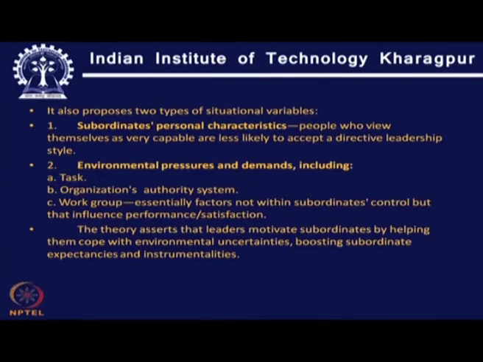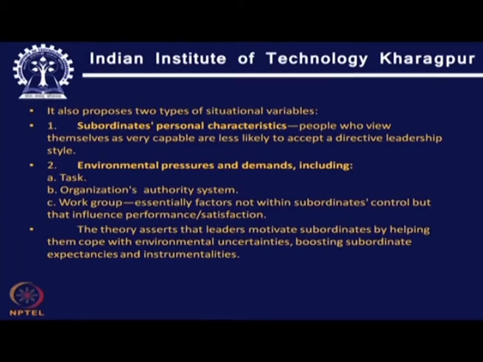So, the other 2 types of situational variables which are proposed are subordinates' personal characteristics, and environmental pressures and demands, including the task, the organization's authority system, and the work group.